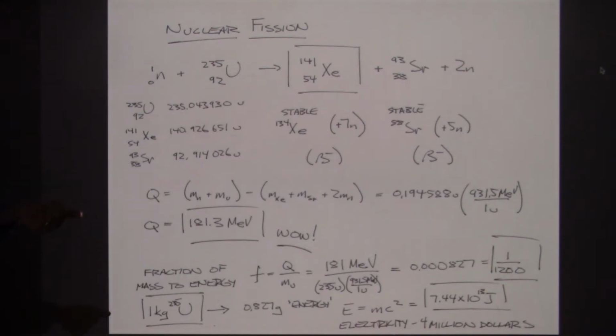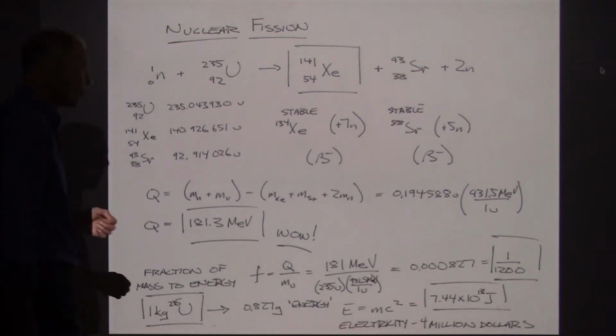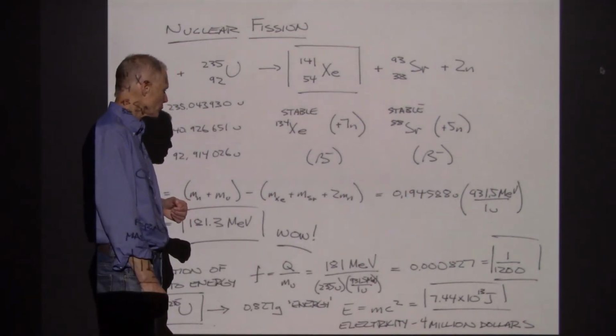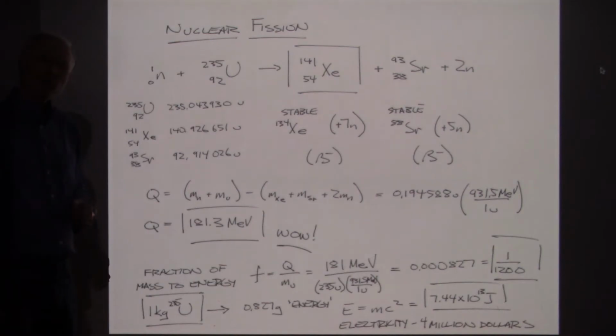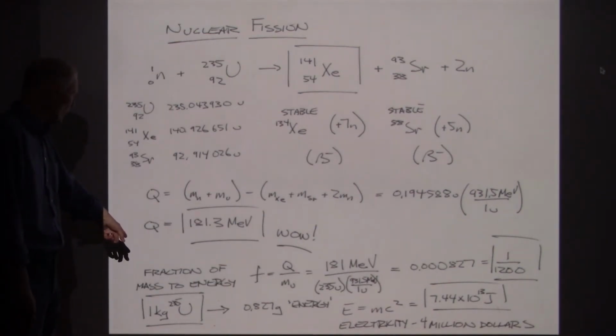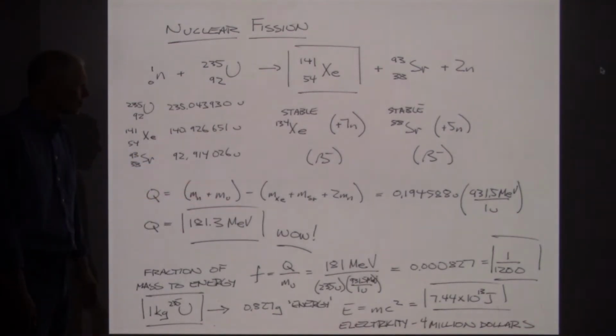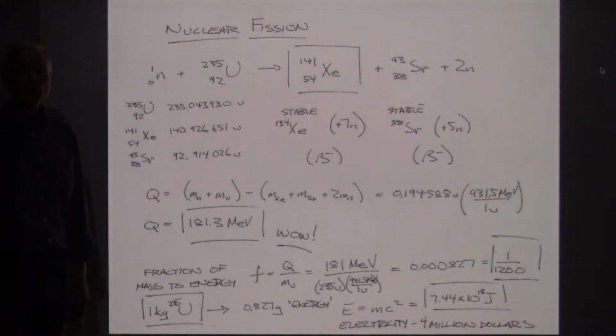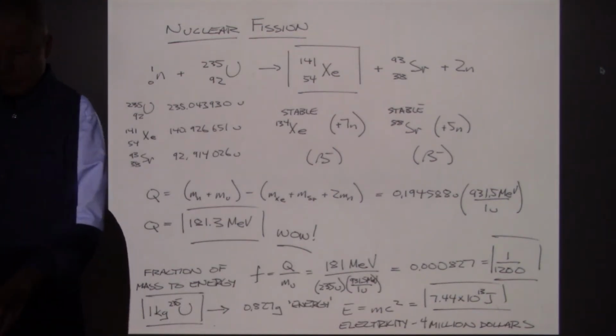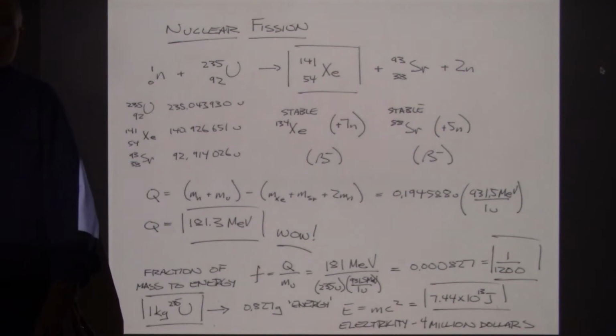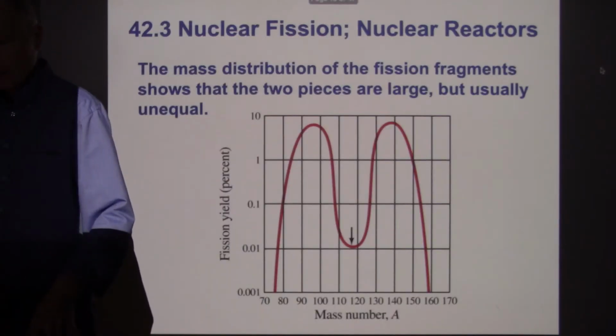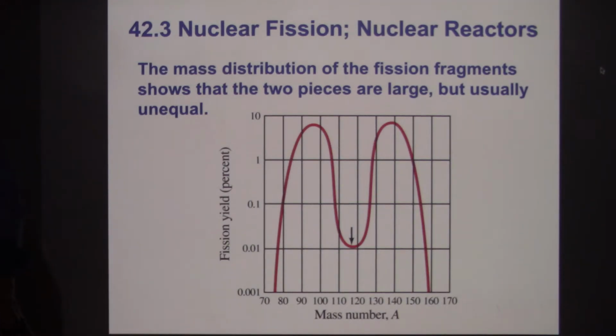I looked at my PG&E bill to see how valuable 7.4 × 10^13 joules of electricity is, and it's worth $4 million. So a kilogram of uranium-235 can generate $4 million worth of electric energy. And that's the idea behind nuclear power plants. Nuclear power plants operate on the process of nuclear fission.